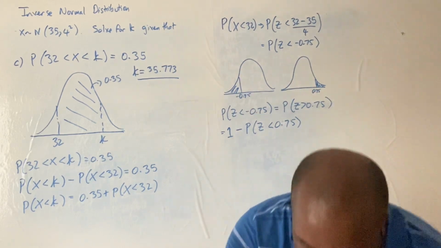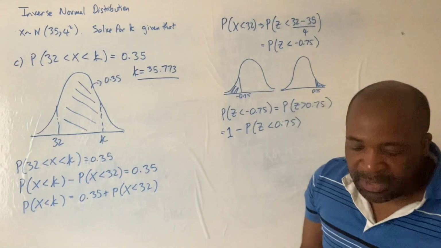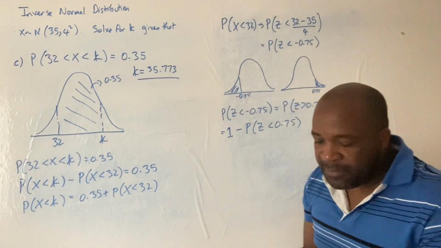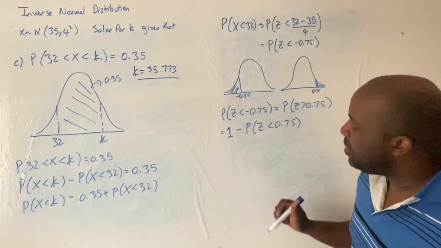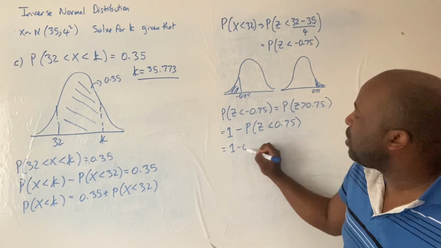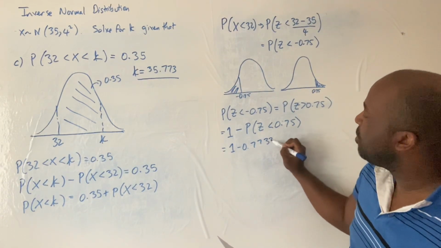So we would go to our table and find the corresponding probability. 0.75 corresponds with 0.77337. So this is 1 minus 0.77337.